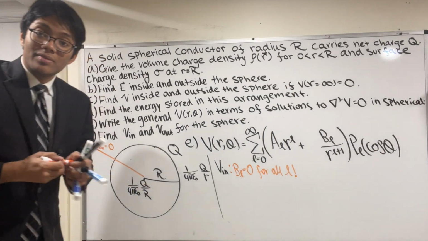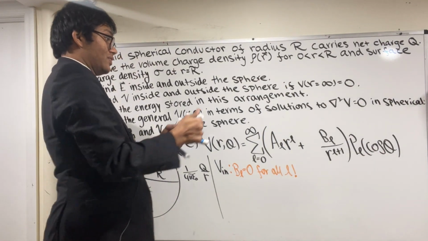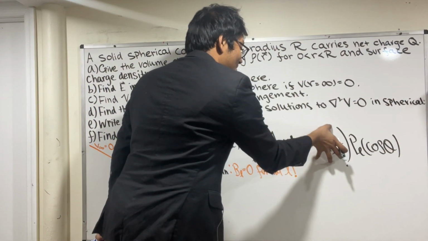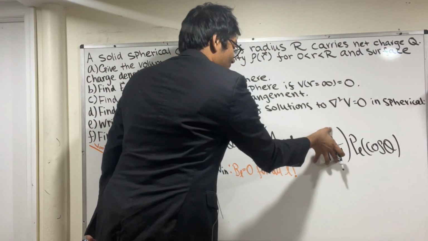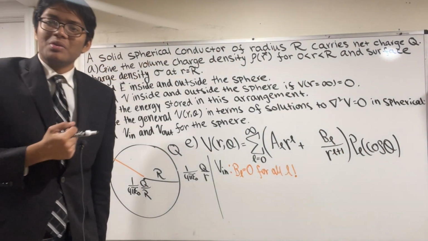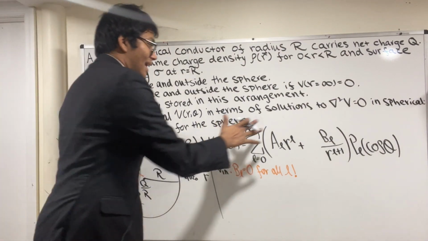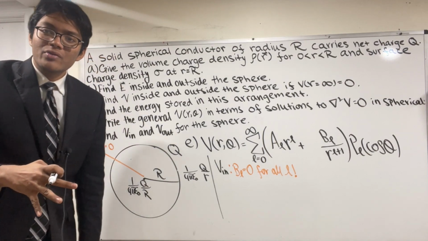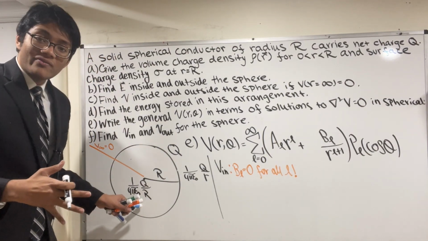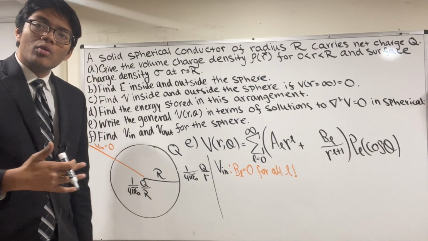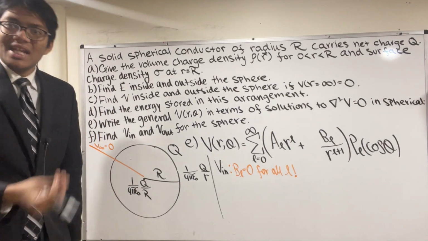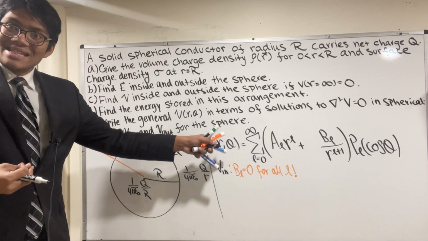So what is our electric potential inside going to look like? Well, I have no idea what my constants are going to be, but straight off the bat, I know that this term is not going to exist. It's going to be gone. I have the power to do that. Isn't that amazing? I have the power to just say, this term doesn't fit my boundary conditions. It doesn't match what I want from my potential. It's got to go. You're almost constructing the electric potential out of thin air from these basic ingredients.